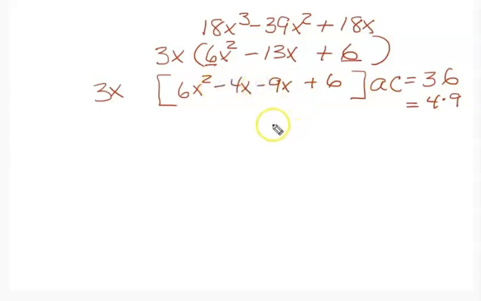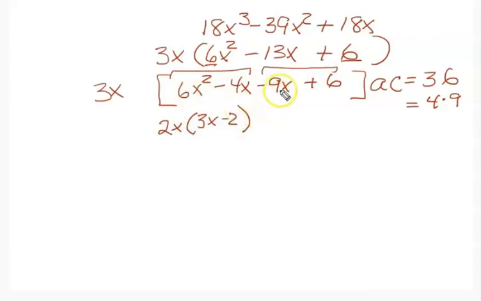That's better. So now this is equivalent to this, but we're going to use factoring by grouping. And here I can take out a 2x and get 3x minus 2. And here I can take out a negative 3, and I get x, 3x minus 2.